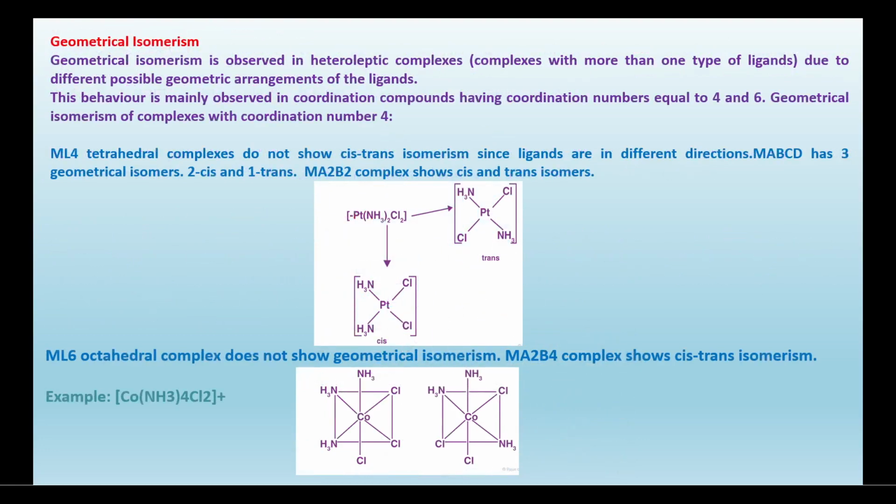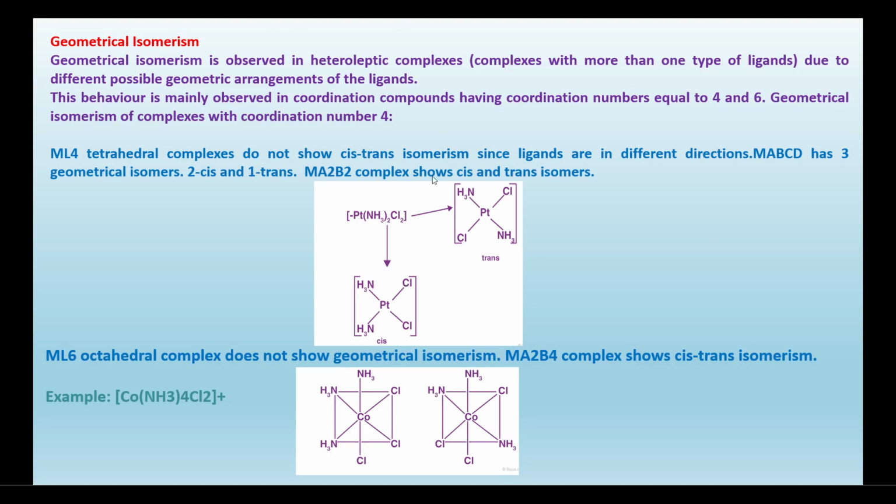Then we move on to geometrical isomers. Geometrical isomerism is observed in heteroleptic complexes, which have more than one type of ligand. It can be observed in coordination compounds with coordination numbers 4 and 6. For 4, tetrahedral and square planar complexes can be observed, and we see both cis and trans, in different directions.